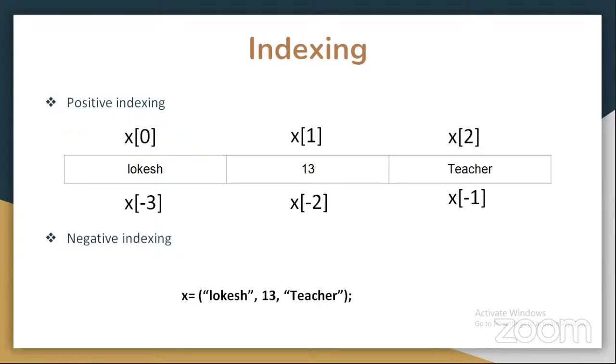We can relocate a memory location by using this negative indexing, or else we can create a new variable directly and access it through the new object which we have created. This is all about tuples.